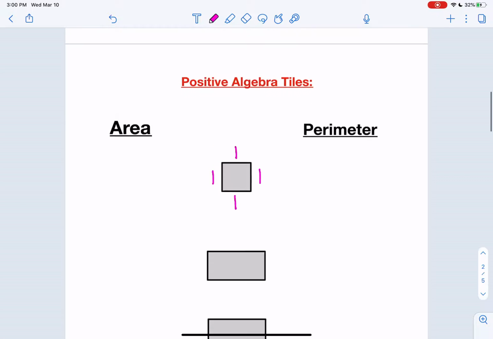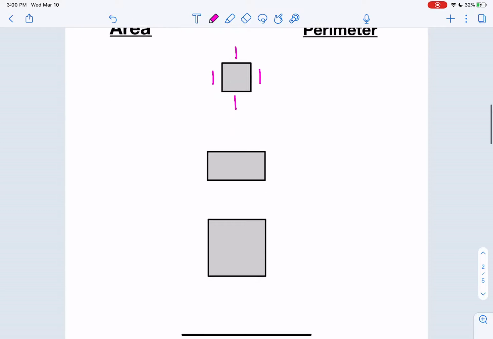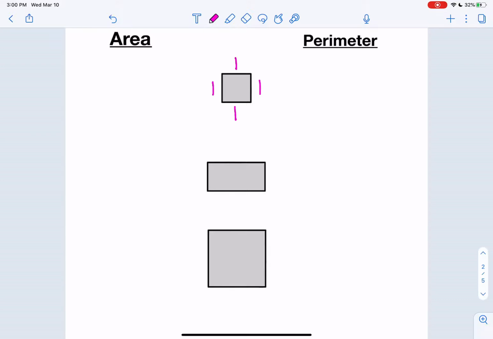And we also know that the area of a rectangle is length times width. So the area for this box is going to be 1 times 1, which equals 1. And that's why this is called the one box or the one tile.